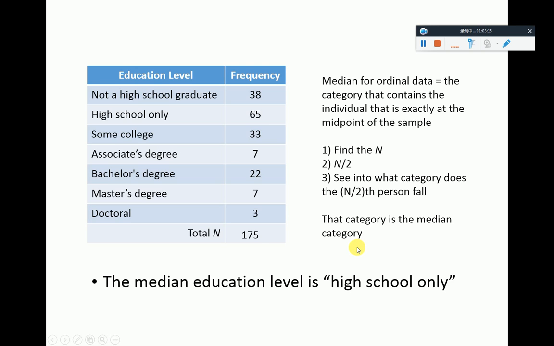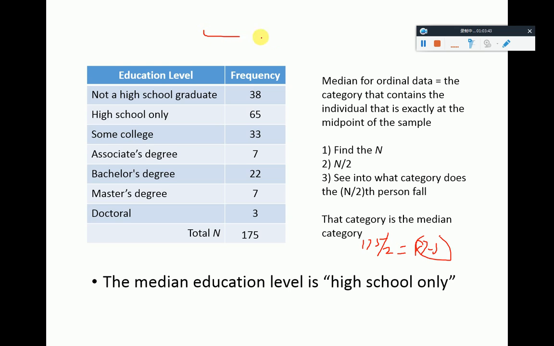Okay? So in this case, the median education level is high school only because 175 divided by 2, we said, is 87.5. 87.5 obviously falls beyond the 38 people. But then the next 65 people should contain this guy.